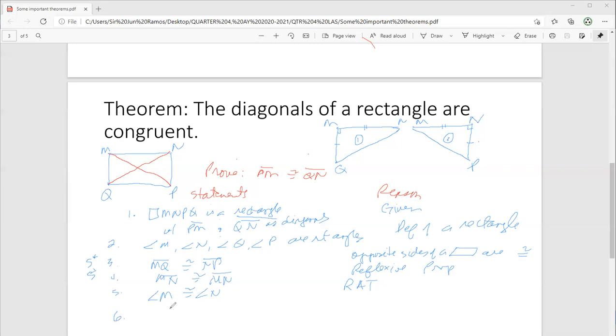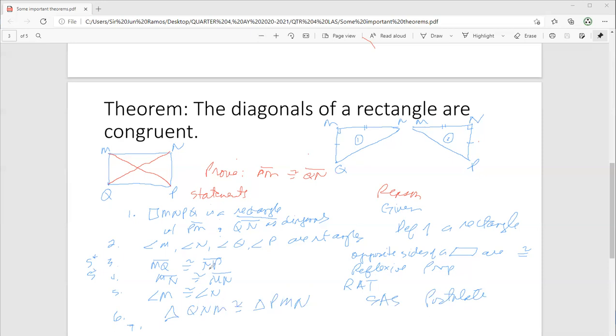And number 6, we can now conclude that triangle QNM is congruent to triangle PMN by SAS postulate.